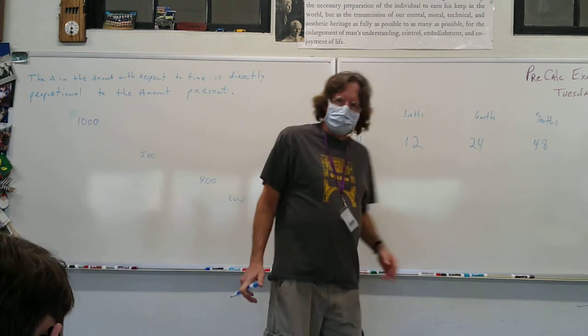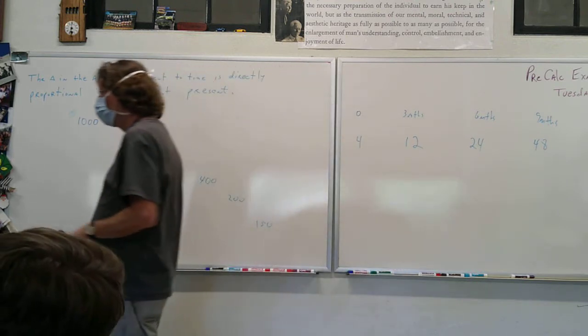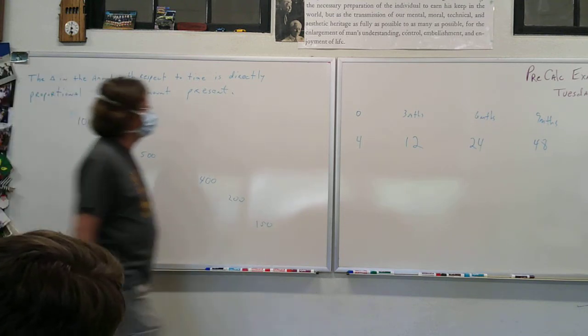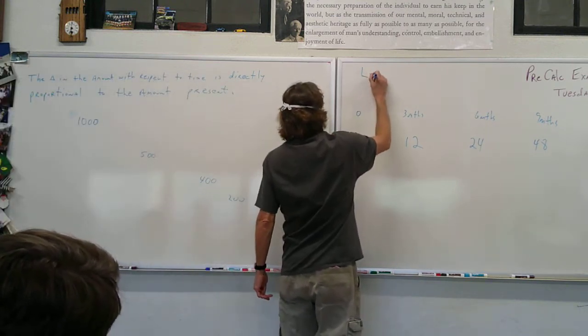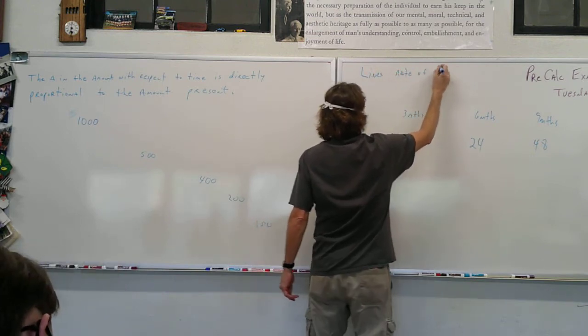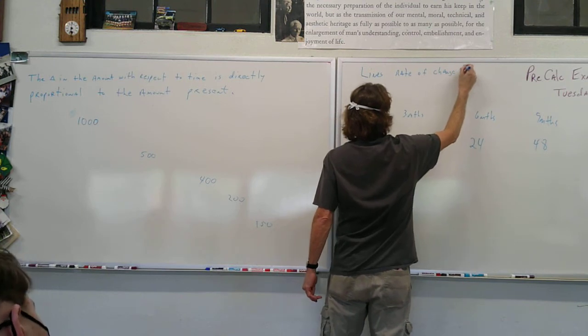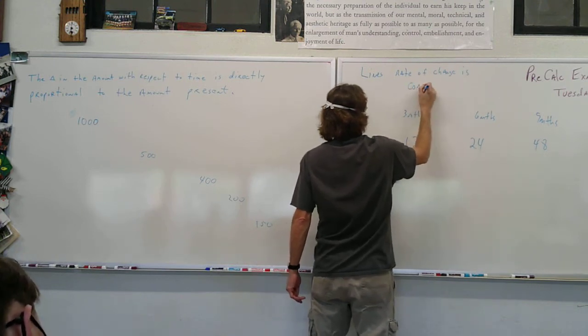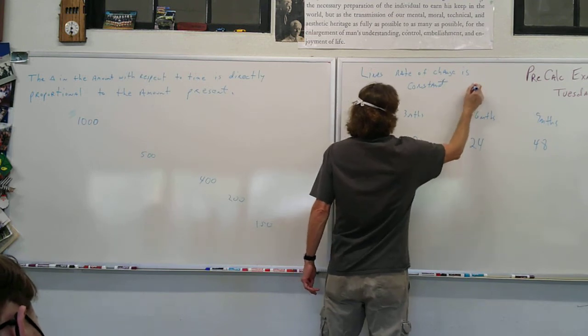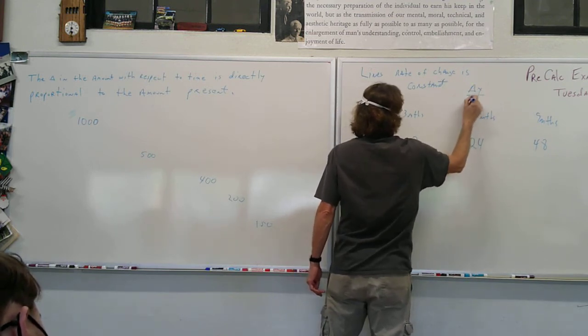What y'all have done so far is lines. When you do a line, the rate of change is constant. Okay? For lines, rate of change is constant. Change in y over change in x.